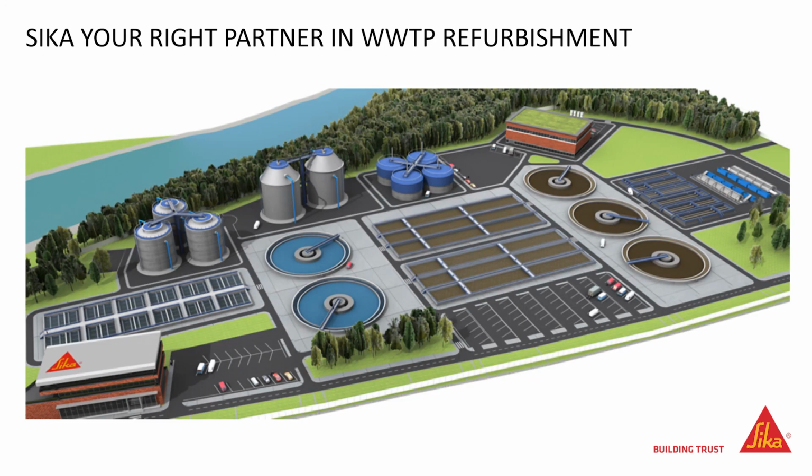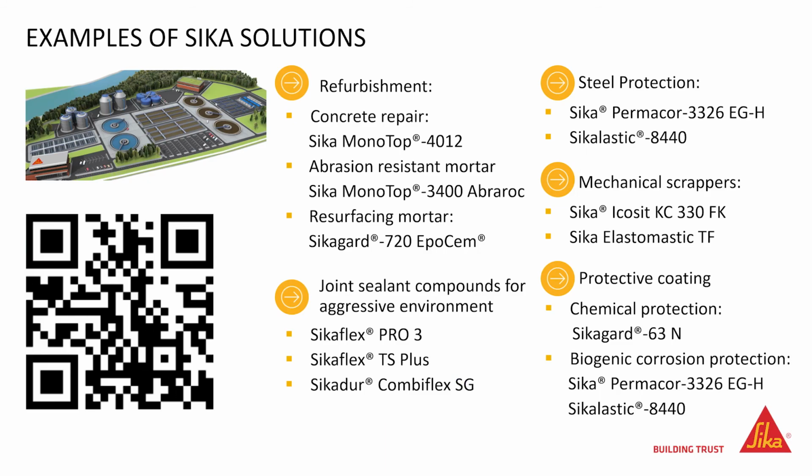Sika is your right partner in the refurbishment of wastewater treatment plants and sewer networks. Whether in renovation or a new project, Sika has a wide range of different technologies and product solutions. Here are just a few more examples of Sika solutions working in sewer networks and wastewater treatment plants.